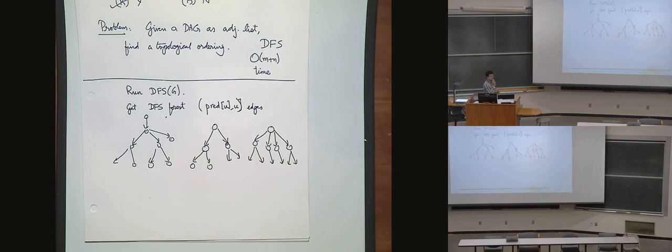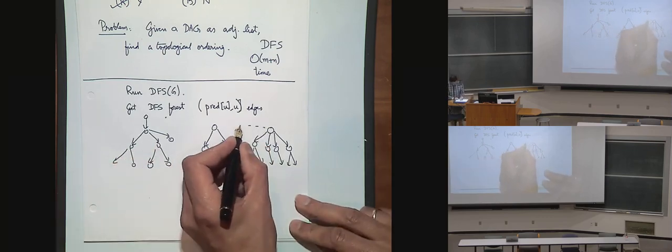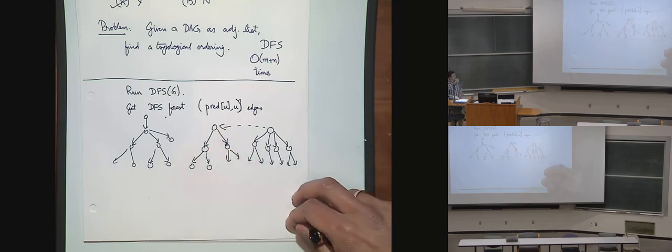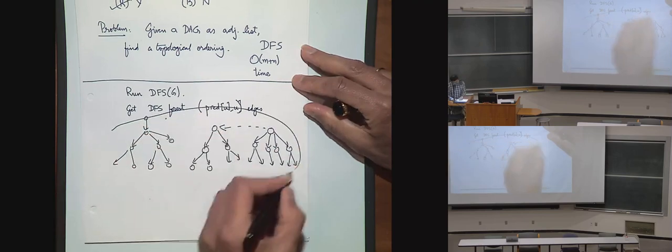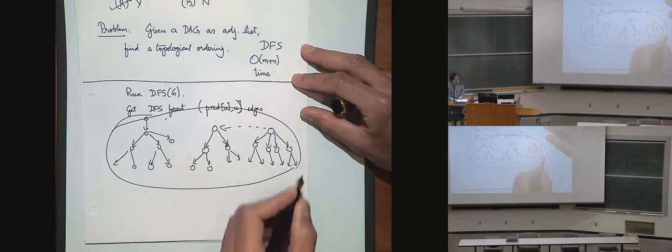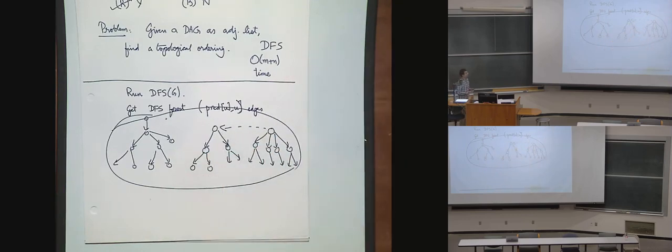These are not necessarily connected components because you could have an edge. There could be an edge like this in the actual graph. Is that clear? There could be an edge like that in the graph. So the graph is this huge thing. These are just the tree edges. There could be an edge like that in the graph.